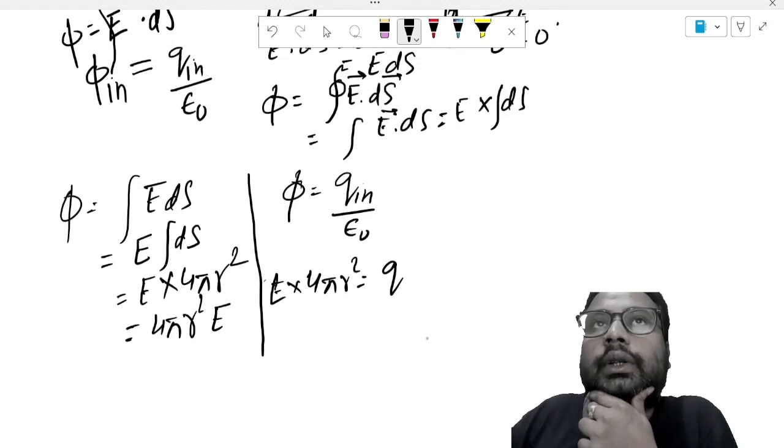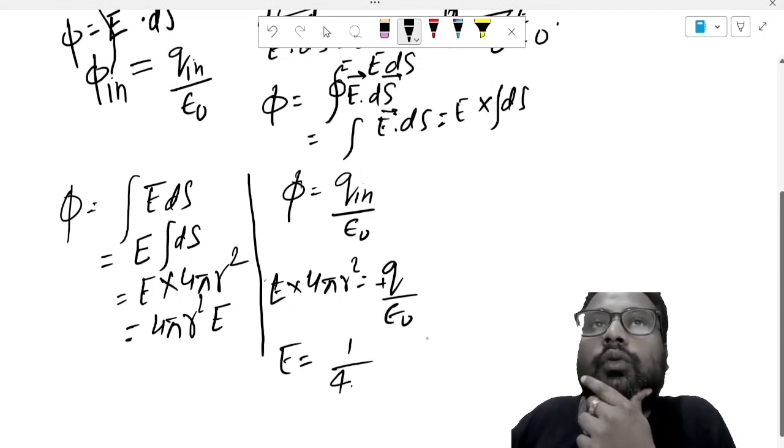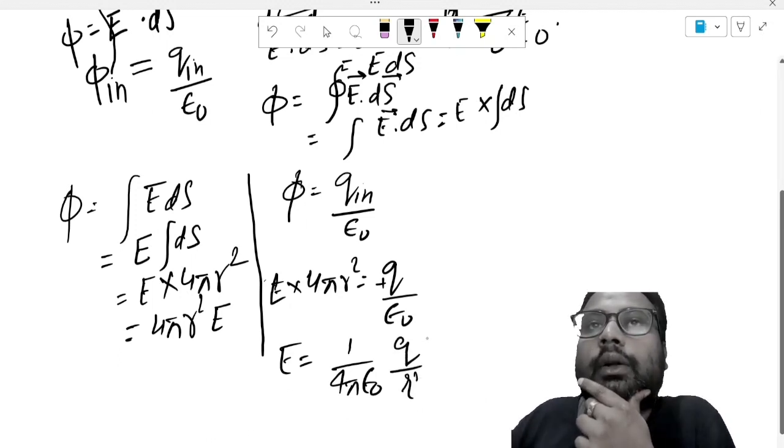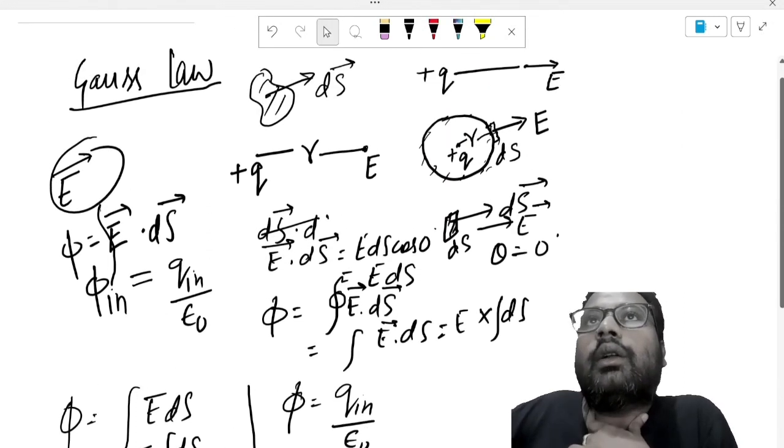So this will be q divided by epsilon naught. This is plus q charge. So electric field magnitude will be equal to 1 over 4 pi epsilon naught q by r square. So this is the formula for the electric field calculated due to the positive q charge across this closed surface.